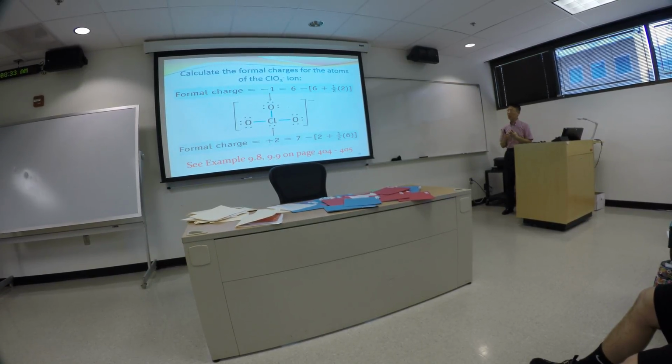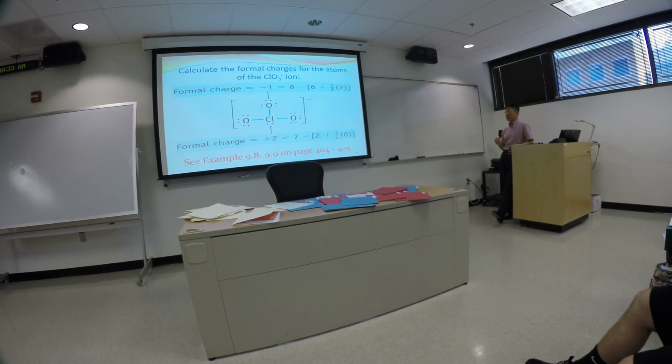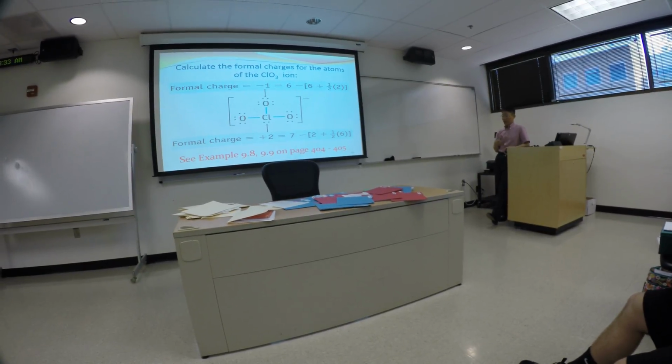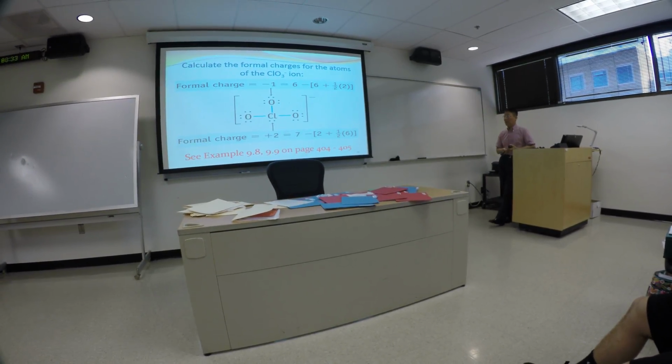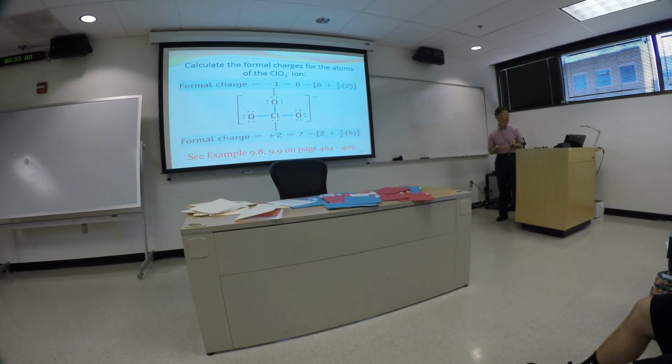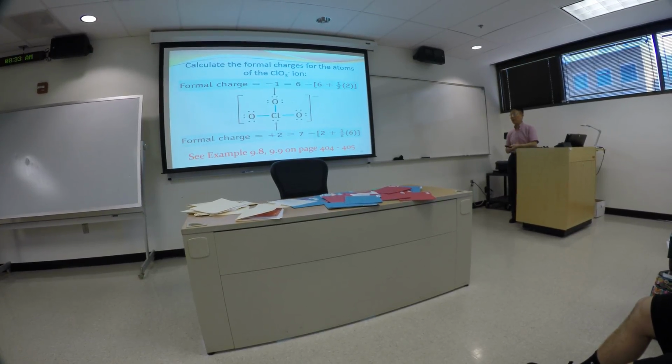When you're reading the textbook, make sure you take the time to go through those examples, follow them, and try to understand how we calculate formal charge. And I can guarantee you when you get into organic chemistry, this is a topic that you will see again.